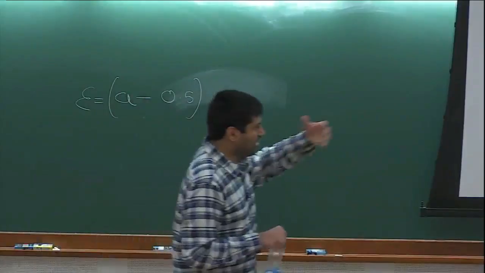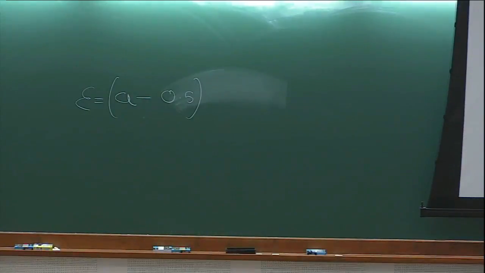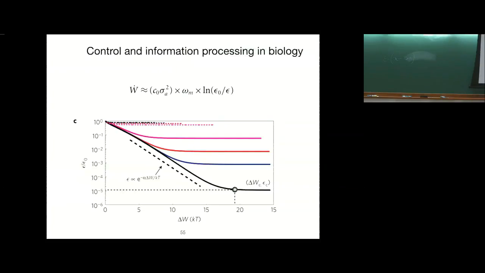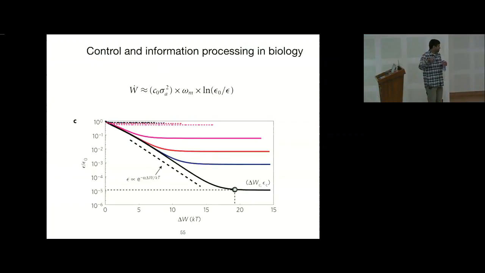And it turns out that if you solve the biophysical master equation for the system, you find that the response, this epsilon, is intricately dependent on how much energy you pump into the system. By pumping in more or less energy, you can tune how effectively you adapt to the external signal.